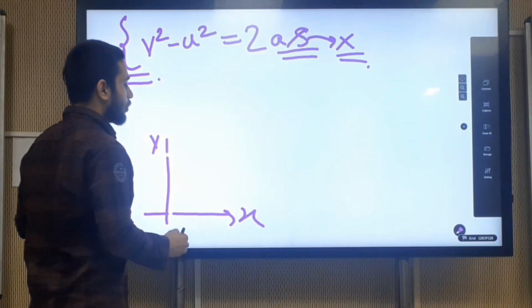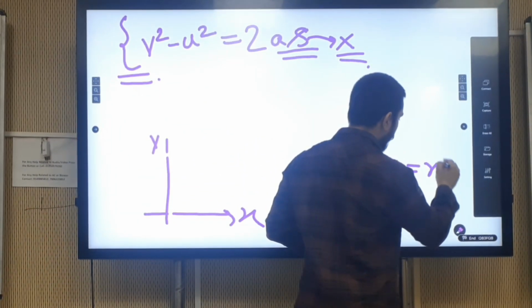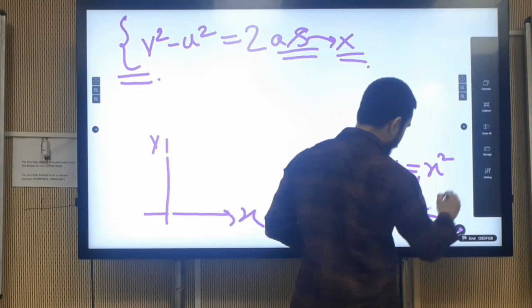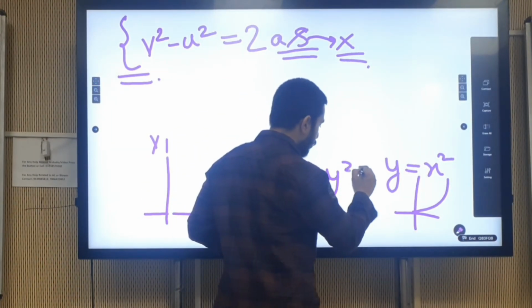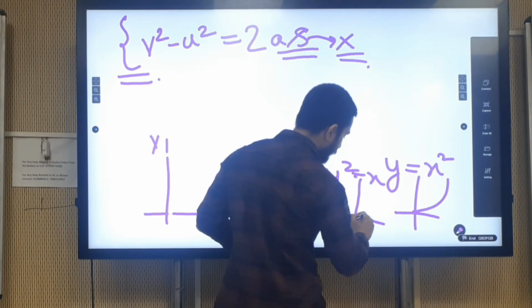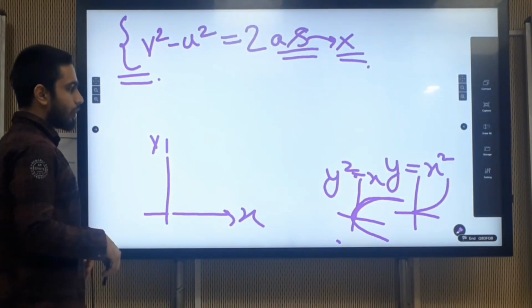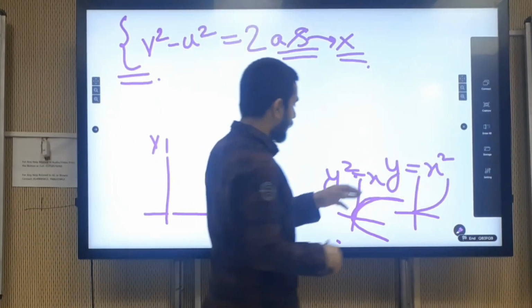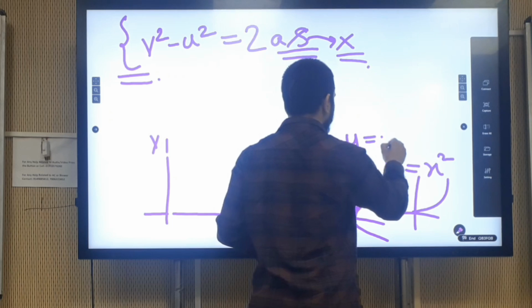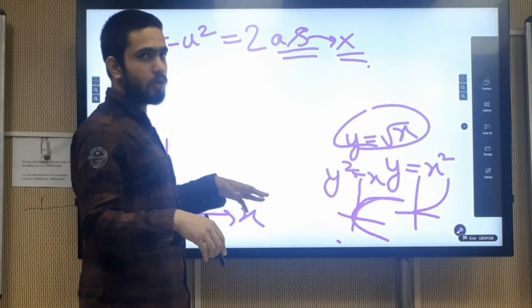We saw that for y equals x square the parabola is like this. But for y square equals x the parabola is like this, because x should be positive, since y equals root x. X should be positive only to get real values of y.